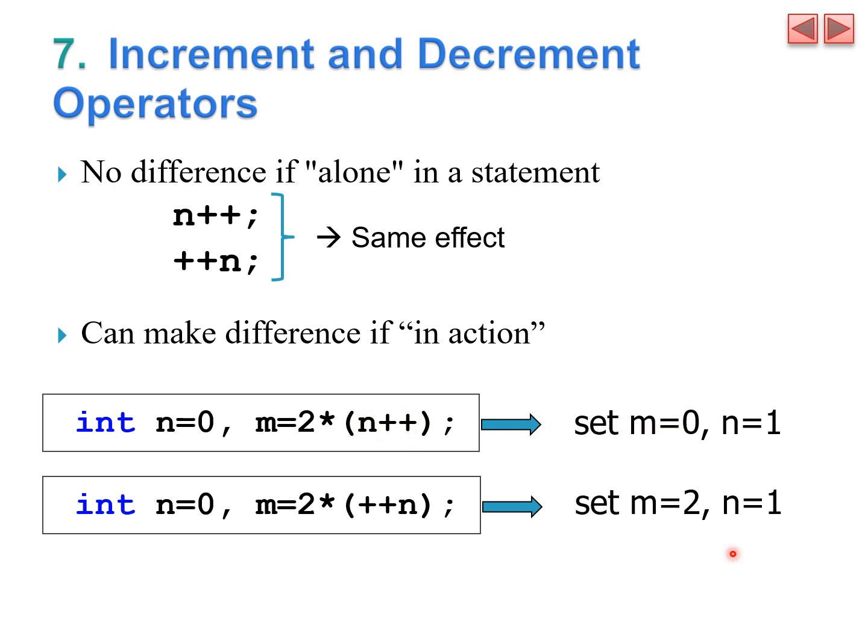In the second statement, this prefix increment expression returns the value of n after being increased, which is 1. So the value of m is 2 times 1, which is 2.